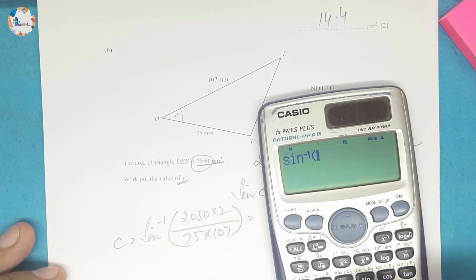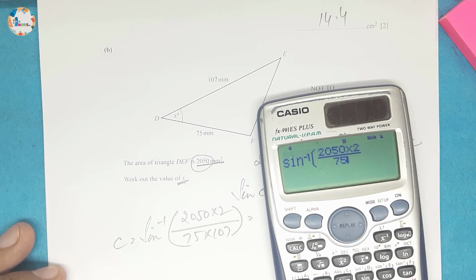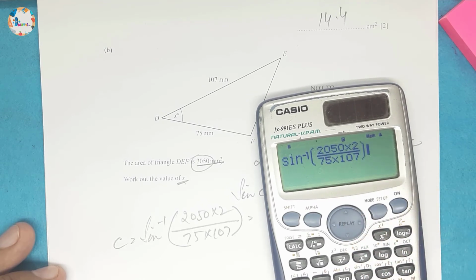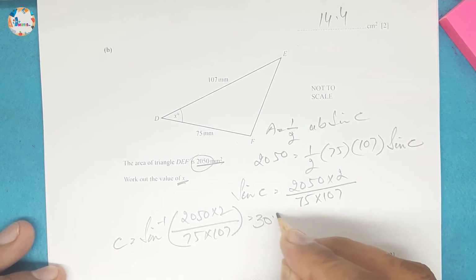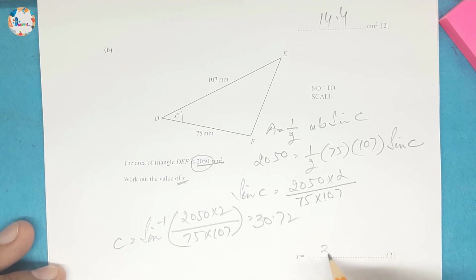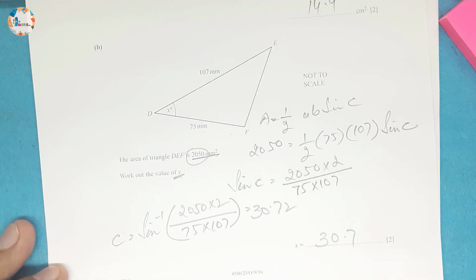So this will be sine inverse of the fraction 2050 into 2 divided by 75 into 107, and this will result in 30.72. So we can provide the answer as 30.7 to 3 significant figures.